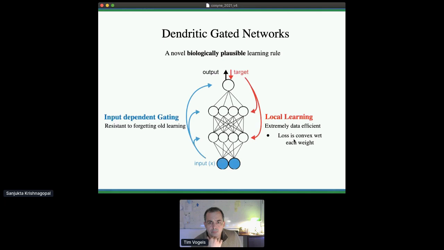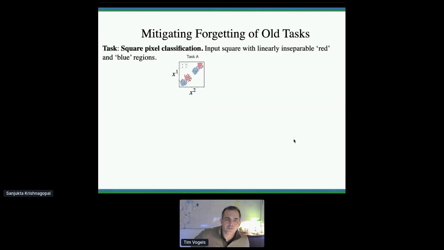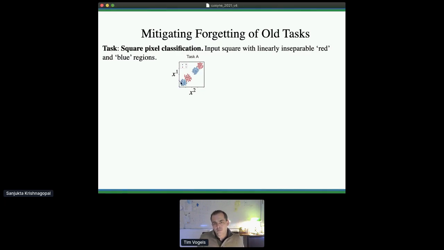So let's talk a little bit about forgetting of old tasks. And here I'm going to talk about a toy example that shows you exactly why the DGN resists forgetting. So here's an example input. Think of it as like an image, 2D input, X1, X2. And it has these red and blue regions that are linearly inseparable.